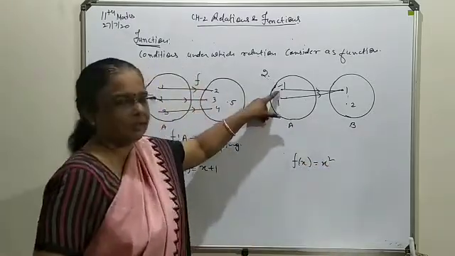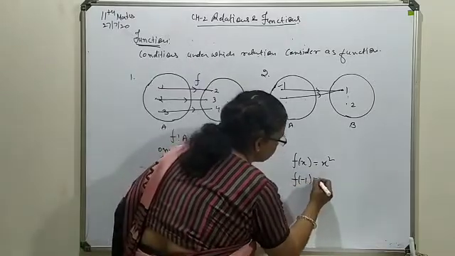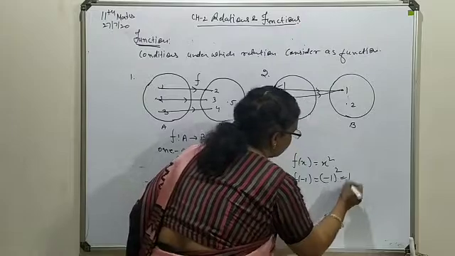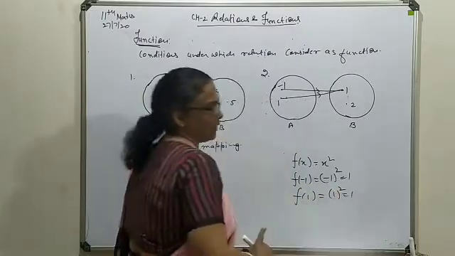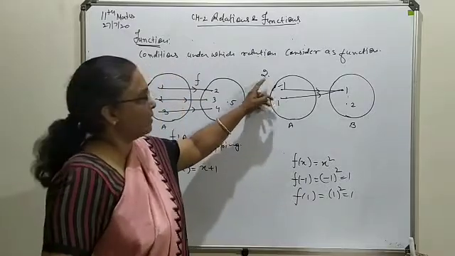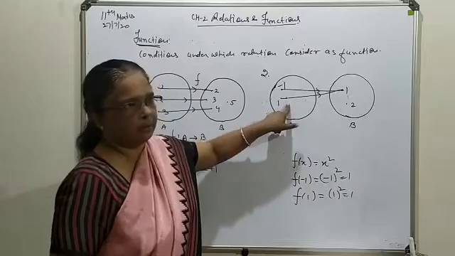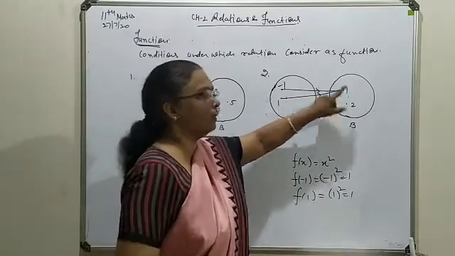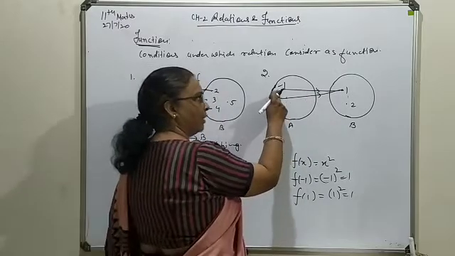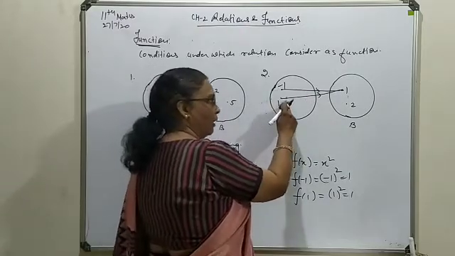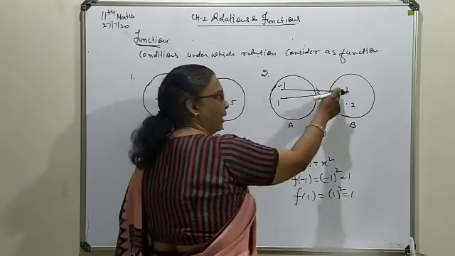Here if you put -1, the answer comes out as 1. For 1 also the answer comes out as 1, meaning both the elements are mapped to 1; for -1 and +1 your function value is a single answer in set B. So here more than one element has a single image in set B. Here it is many, here it is 1.